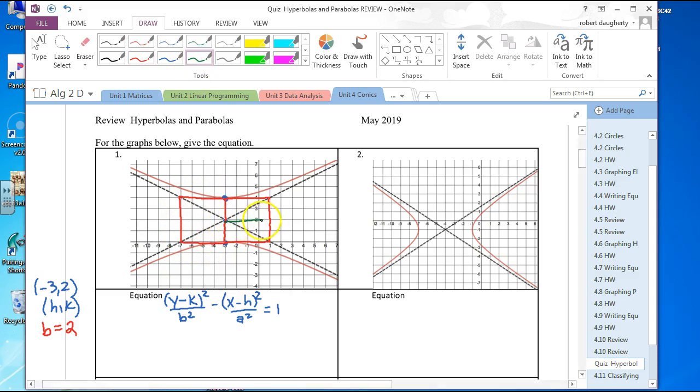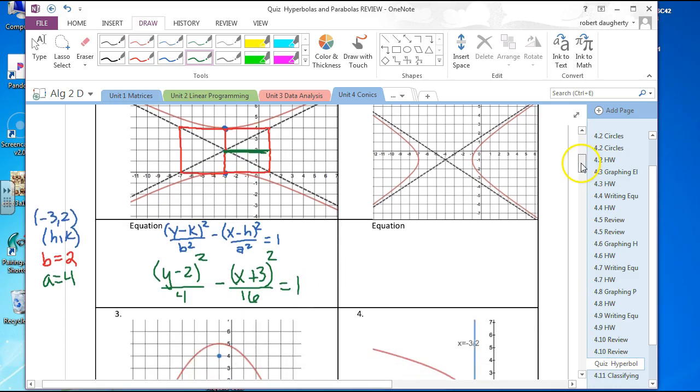You can see that the distance along the horizontal is 1, 2, 3, 4. So a is equal to 4. This equation is simply y minus 2 squared over 4 minus x plus 3 squared over 16 equal 1.